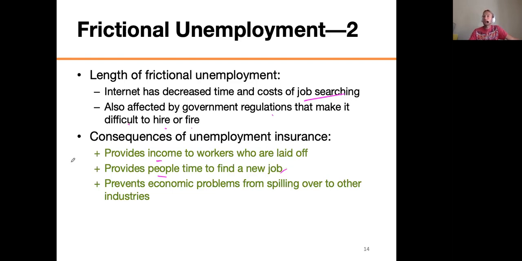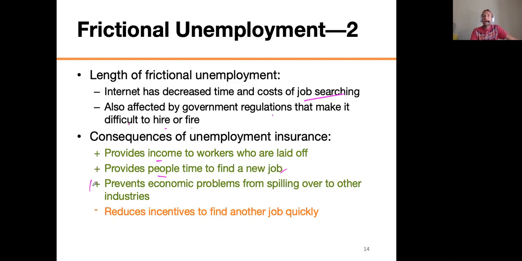Okay. It also prevents economic problems from spilling over to other industries, right? If a bunch of people in housing construction get laid off, then they stop buying stuff because they have no income. It's going to hit other companies and businesses. But if we give them some income to help them out when they're unemployed, they're going to keep spending that money, and it's going to keep the shockwave from hitting other businesses.